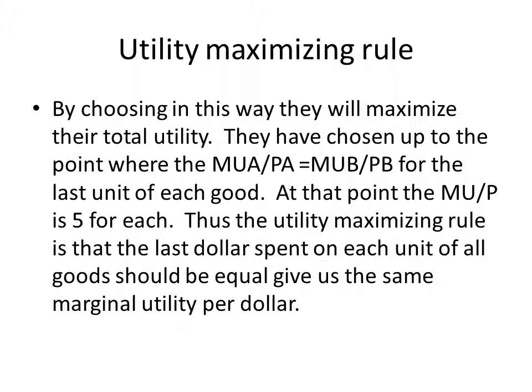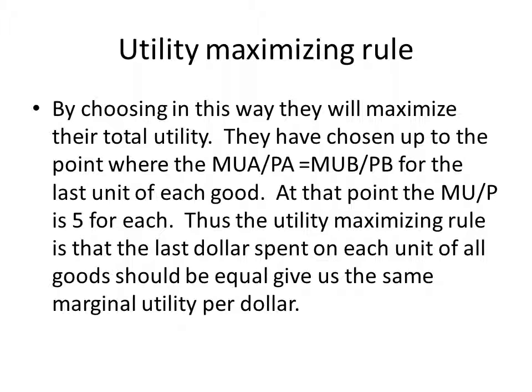So this tells us a couple of things. First of all, it tells us we're going to maximize the utility we get from each dollar spent. It also tells us something about what we call the utility maximizing rule. And we're going to note that consumers have chosen up to the point where in the last unit, the marginal utility of A divided by the price of A is equal to the marginal utility of B divided by the price of B. And again, let's keep in mind, that's the very last unit.